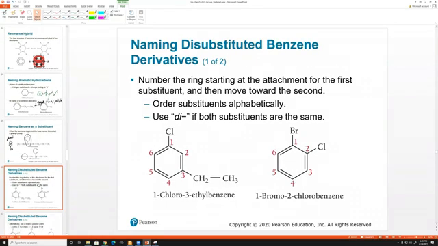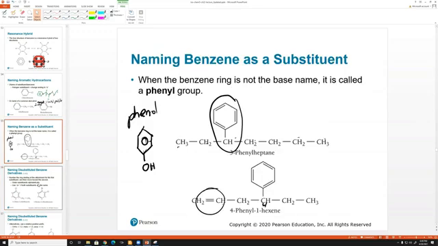So naming benzene. So why isn't the hexane first? What do you mean? Hexane is the root, it's the longest chain. Wait, isn't it closer to the double bond? Okay, wait.